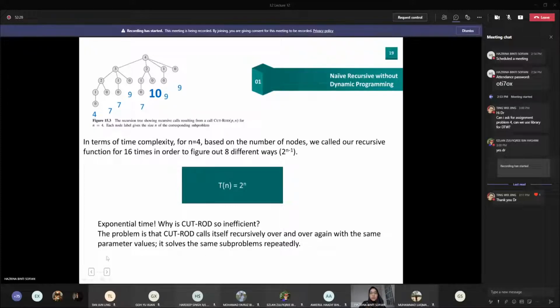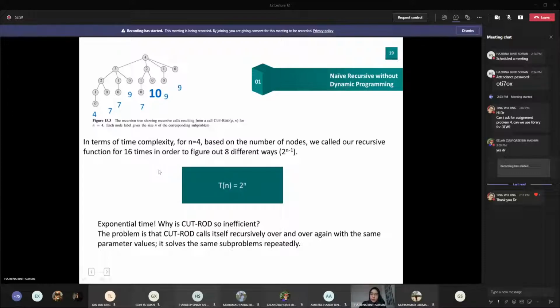Okay, so in terms of time complexity for n equals 4, of course, this is asymptotic analysis as I have described earlier, and we cannot do asymptotic analysis when n is small. But we just try, because if I want to do n equals 100, the example will be too long.